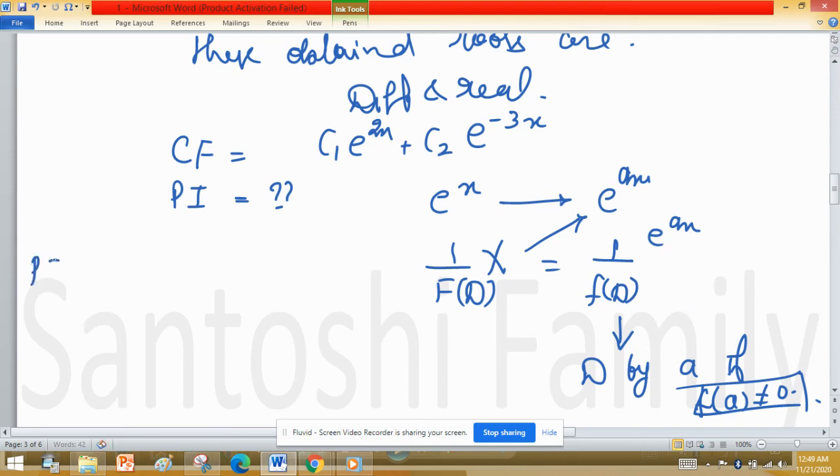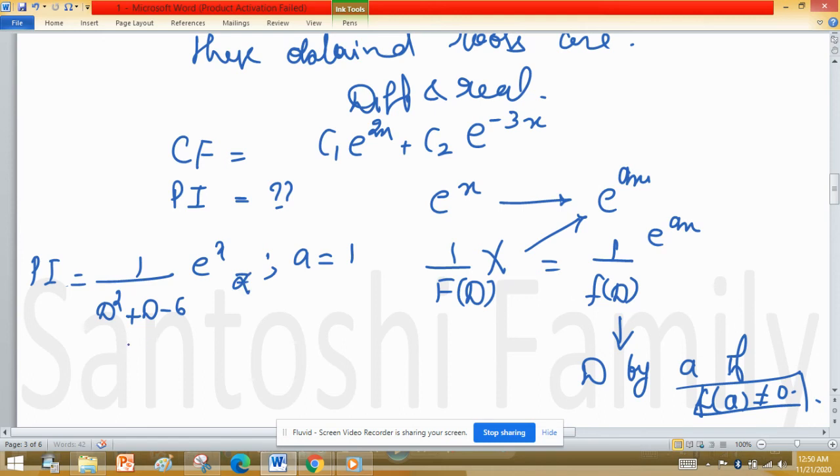So its particular integral will be 1 upon D² + D − 6 e raised to the power x. Here a equals 1.